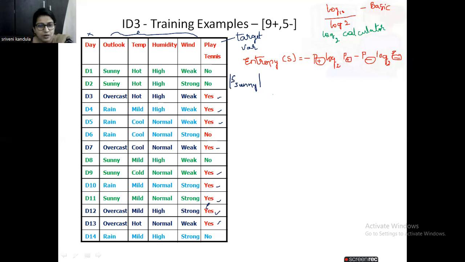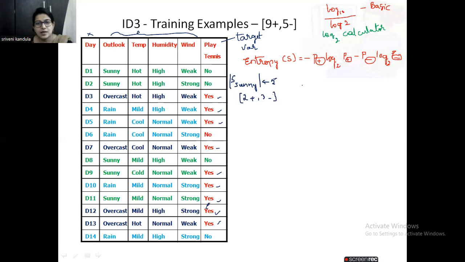In sunny we have totally 5 examples. In that, 3 negative examples and 2 positive examples. Cardinality is 5, out of which 2 positive examples and 3 negative examples.